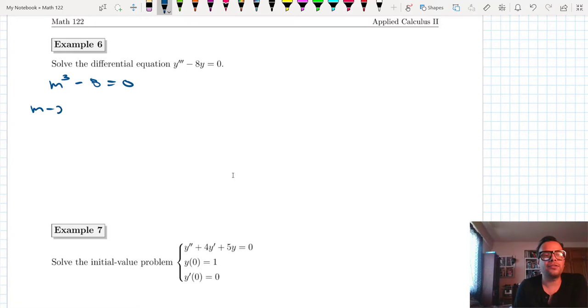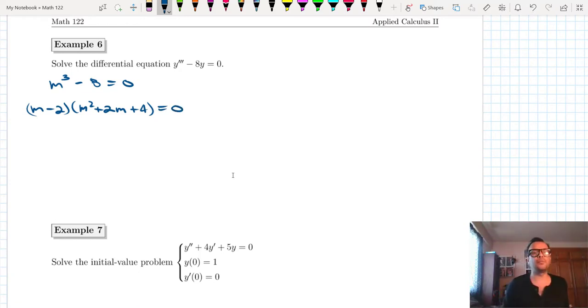So I'm going to factor the left-hand side as a difference of cubes. m minus 2 times m squared plus 2m plus 4 is the factored form of this difference of cubes.